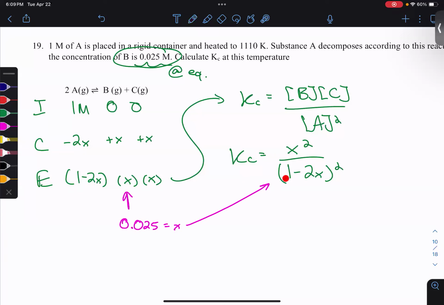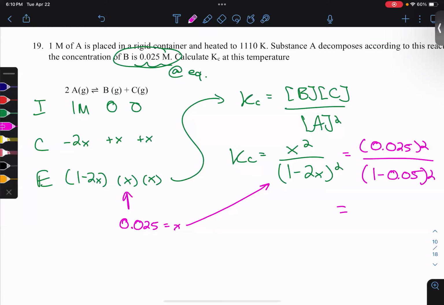If you say, oh, the denominator is just 1. No, we know what x is. It should be 1 minus 2x. So I guess the answer is something like 0.025 squared over (1 minus 0.05) squared, and that equals something. I don't know. Whatever.